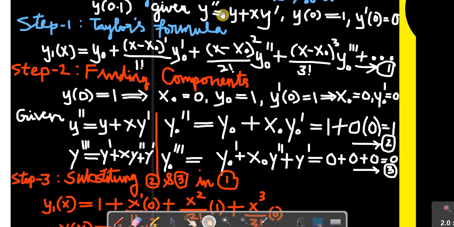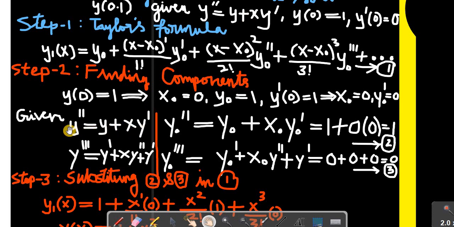What is the meaning here? The second derivative of y with respect to x equals y plus x into the first derivative of y with respect to x. That's what is given to us.